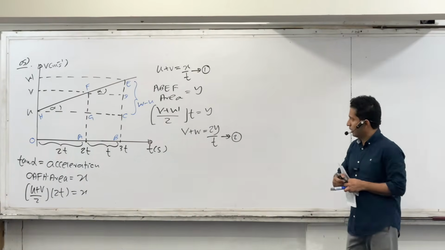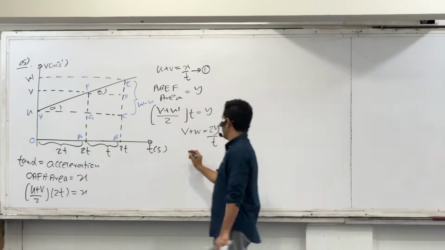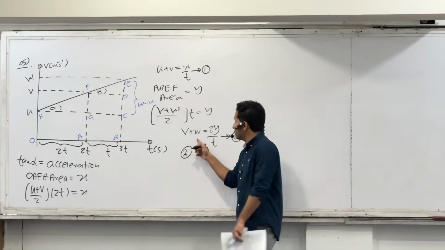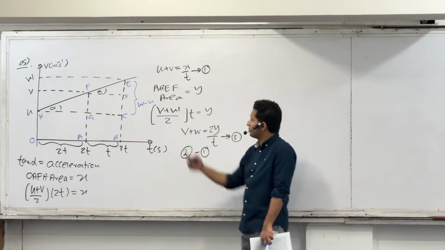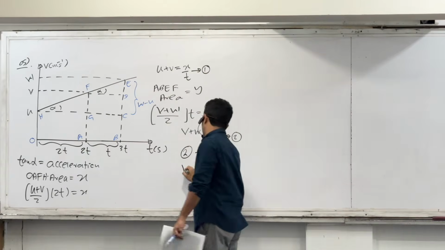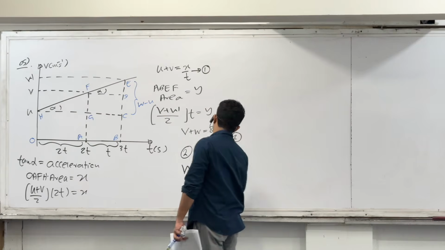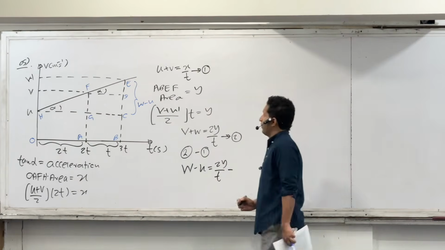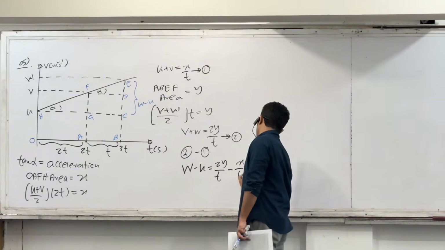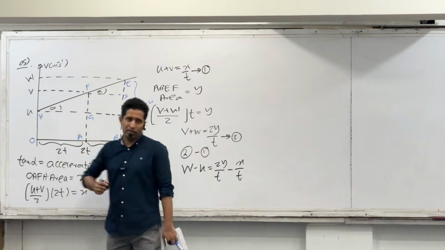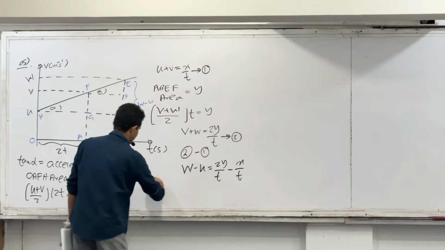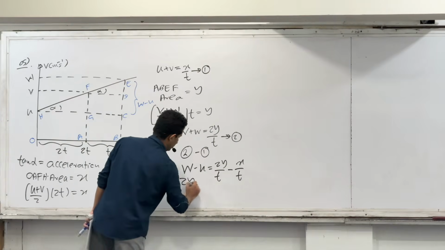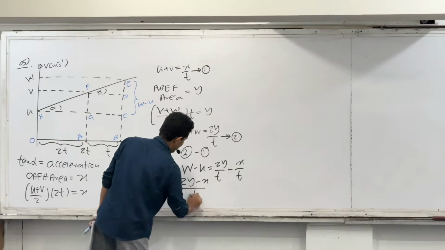Taking 2 minus 1, v plus w minus u minus v, the v's cancel. So w minus u equals 2y over t minus x over t, which gives w minus u equals 2y minus x over t.